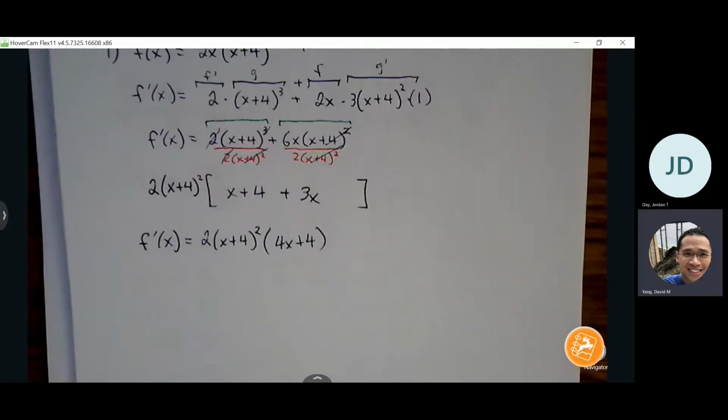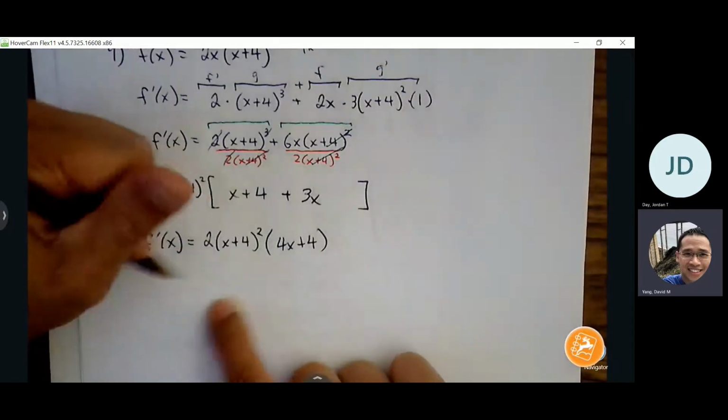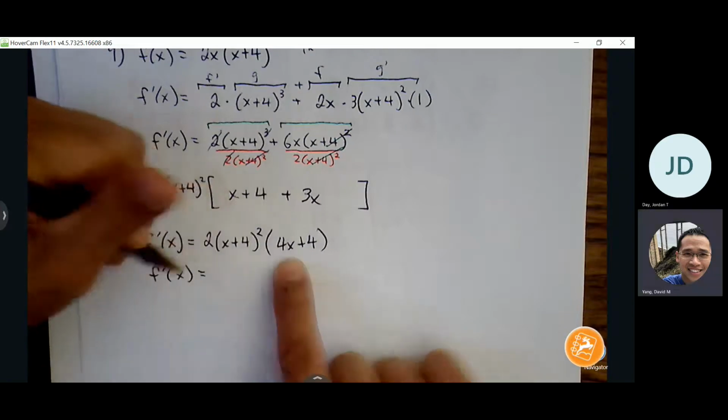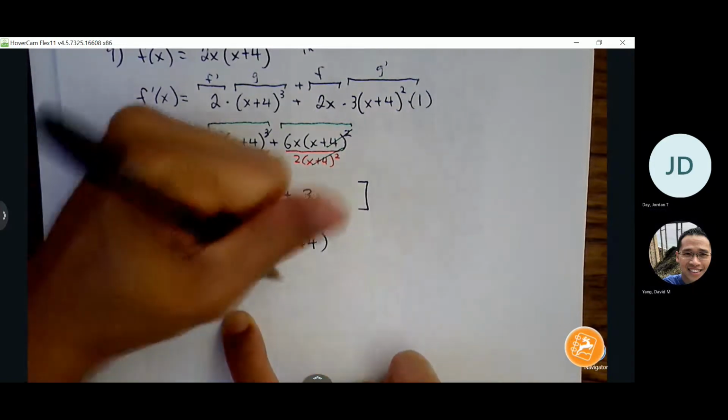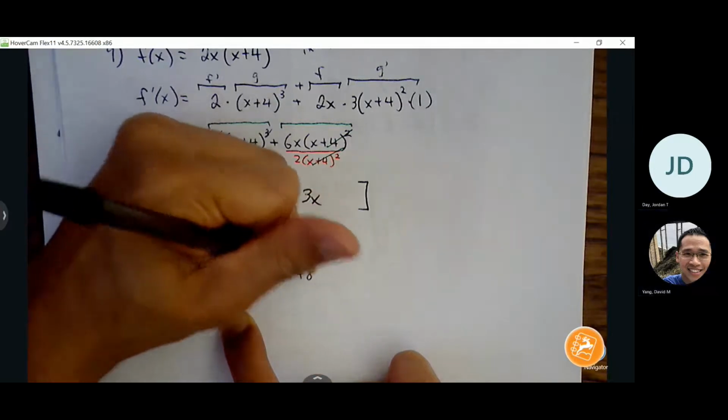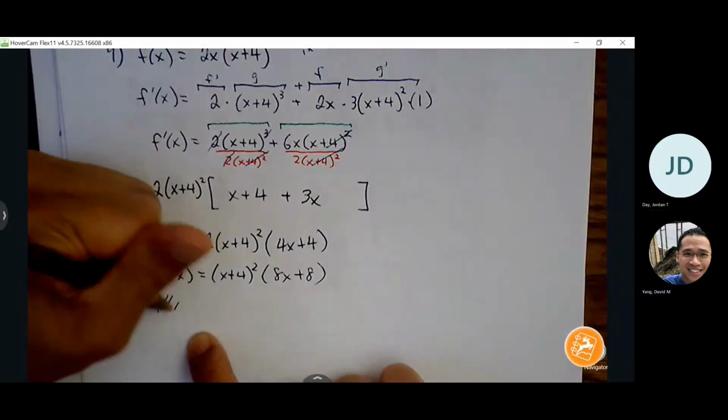Okay, we can go through product and chain rule again, but maybe this is a little bit faster if we just FOIL this out. Let me see. I'm going to put that 2 with the 4x+4 here. Okay, I'm going to just FOIL this out.